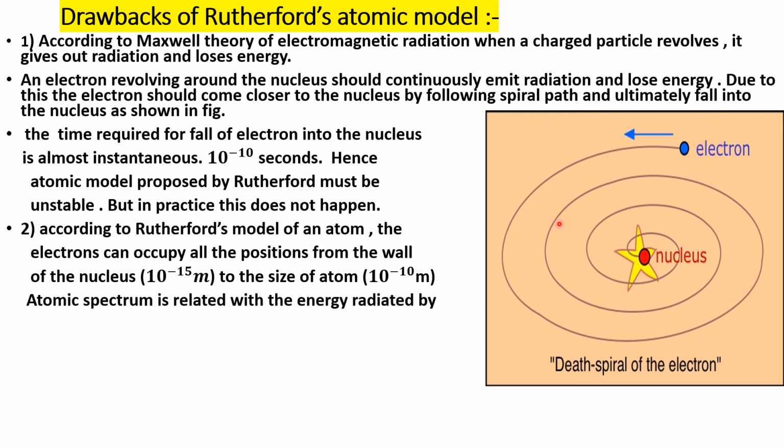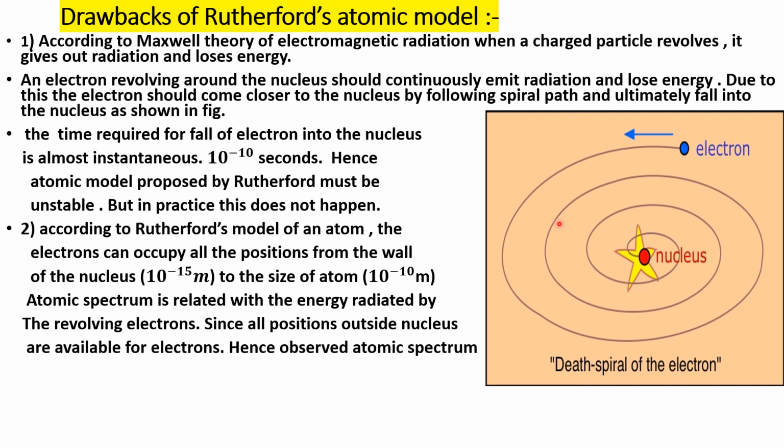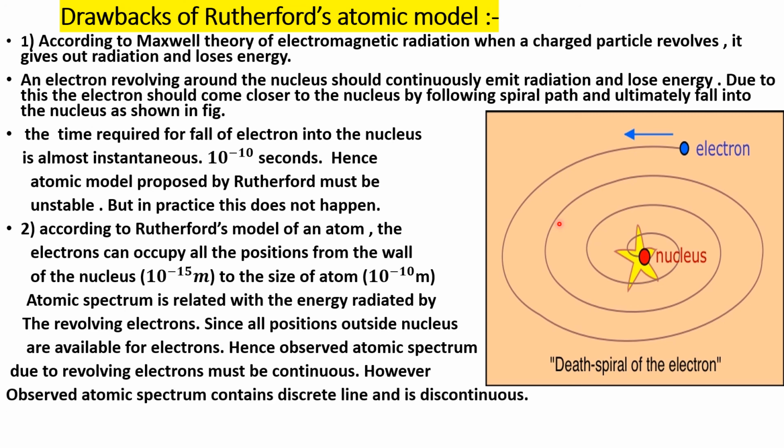As the atomic spectrum is related to the energy radiated by the revolving electrons, since all positions outside the nucleus are available for electrons, the observed atomic spectrum due to revolving electrons must be continuous. However, the observed atomic spectrum contains discrete lines and is discontinuous.